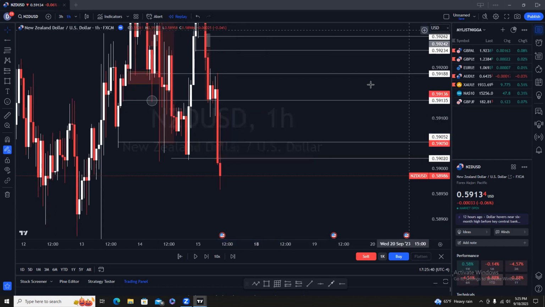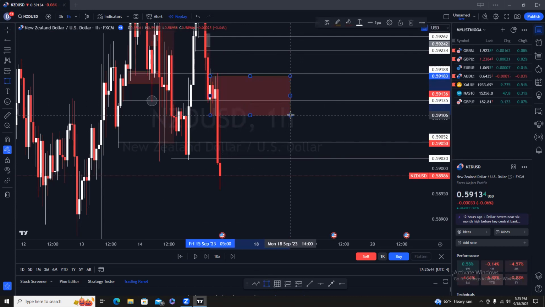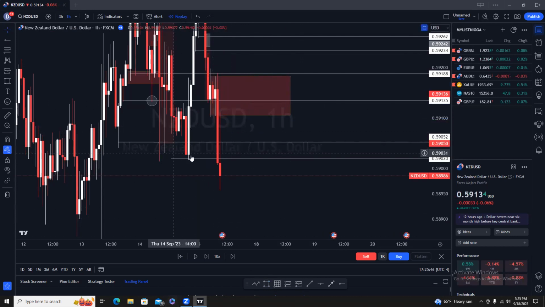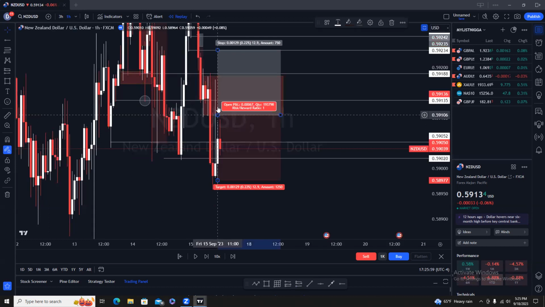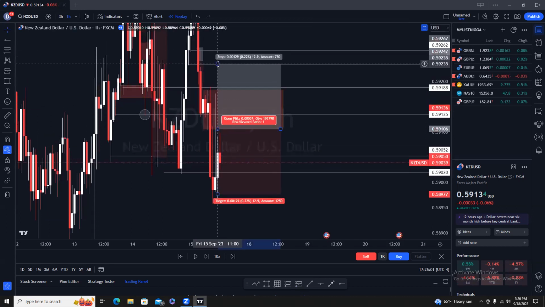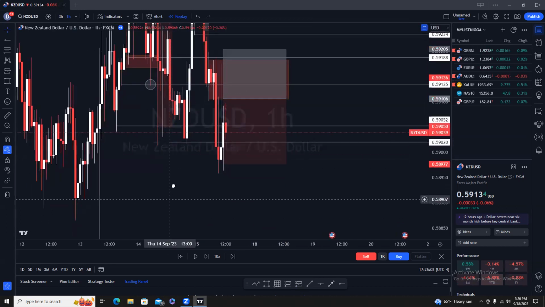All right, now we have this 1 hour supply. We broke, closed down here, left imbalance, came back for the imbalance, still came back one more time. Our entry would be not aggressive. Let's say this is just our entry right here. So our stop loss just above, just like that.